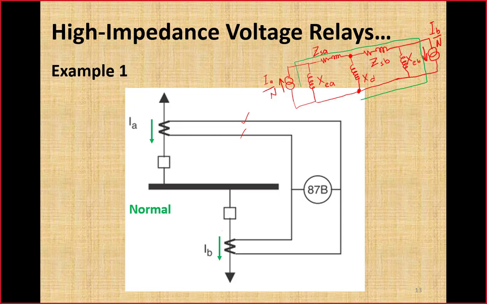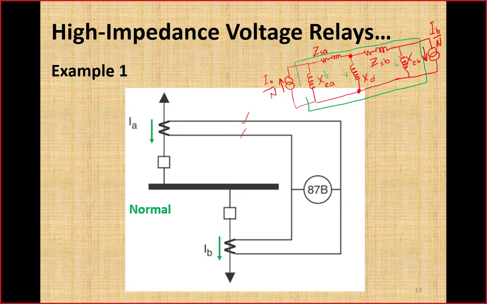Because the currents produced by these two ideal sources are exactly equal, current would not flow towards the magnetization branches, or if it does, it will be too small, almost negligible. This is the path taken by the current, the outer path. How much voltage will appear across XD, our voltage relay?